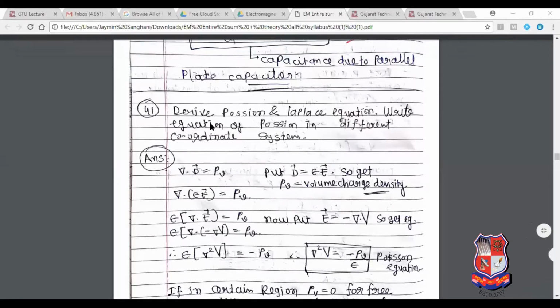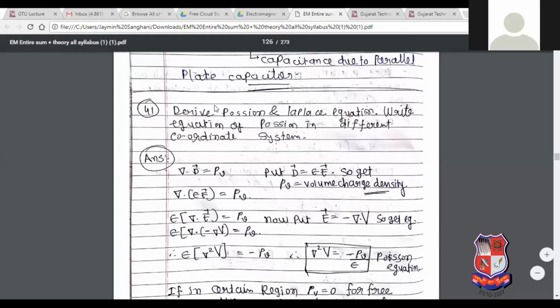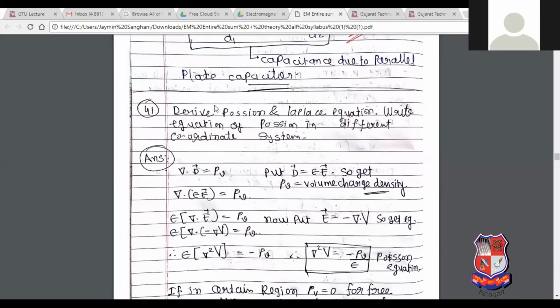So myself Jaimin Sangani. For electrical engineering students, we have discussed the subject related to electromagnetic field, and in this subject we have discussed chapter number 4, Poisson and Laplace equation.